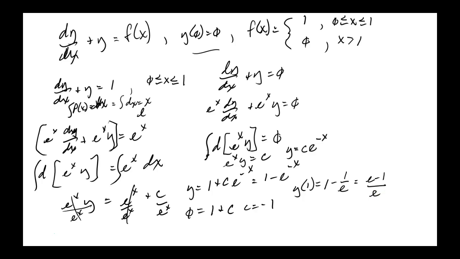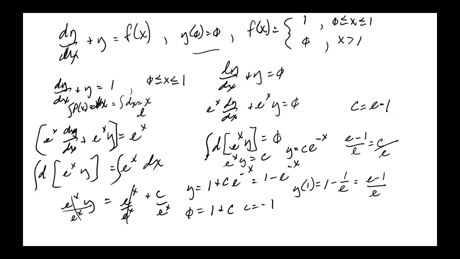So, let's make that a requirement here, that y of 1 is equal to this. So this will be e minus 1 over e is equal to c over e. Well, that means that c here, this is a different c now, is equal to e minus 1. That's not a superscript, that is same line, e minus 1.